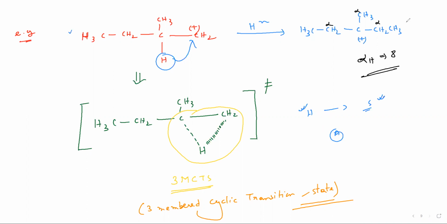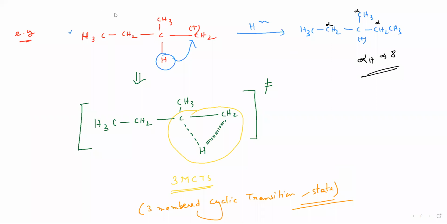These two are important; the transition state concept is not important, only in some mechanism cases. Why the 3-member cyclic transition state is important, I will discuss later. Because in ring expansion, when a 5-member ring is associated with a 3-member ring, that is not possible. That's why the cyclic transition state concept is important, but that is not a ring expansion.